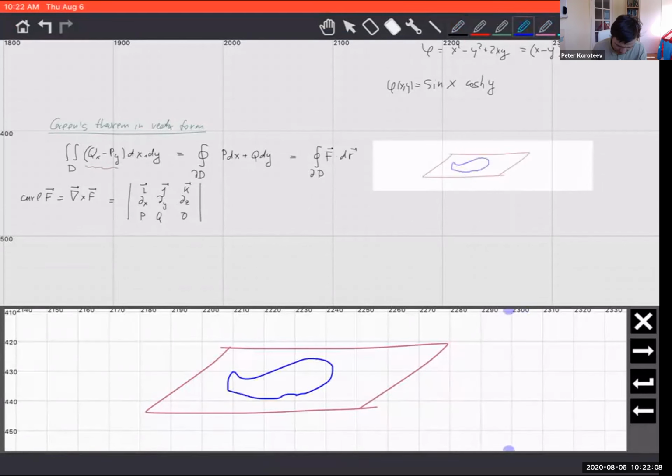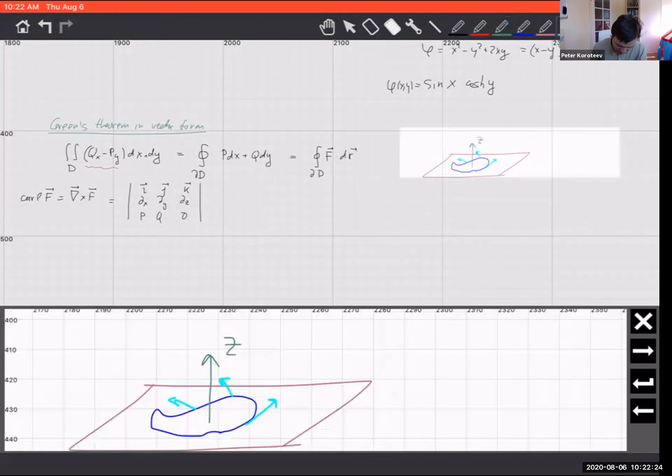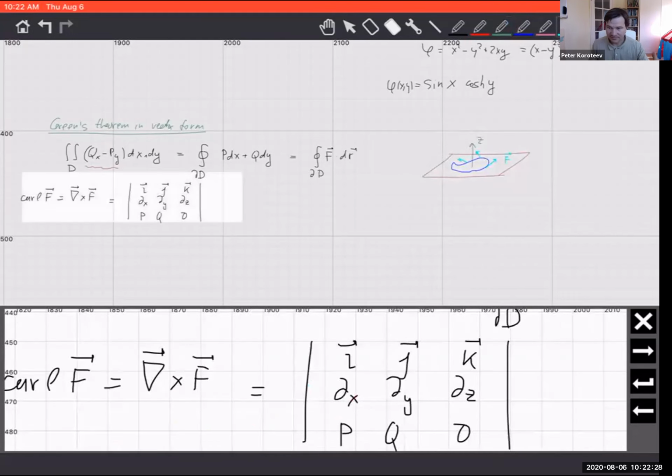There's some curve here, and a vector field which is defined on the boundary, and then we treat it as if it's a vector field in 3 dimensions, only that its third component is equal to 0. So we embed the xy plane into 3 dimensions. This way, curl f will be a vector that is perpendicular to the plane.